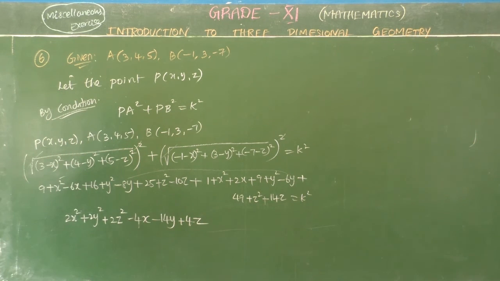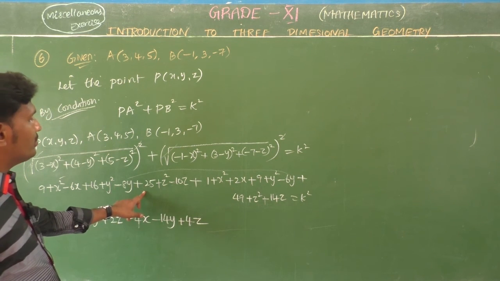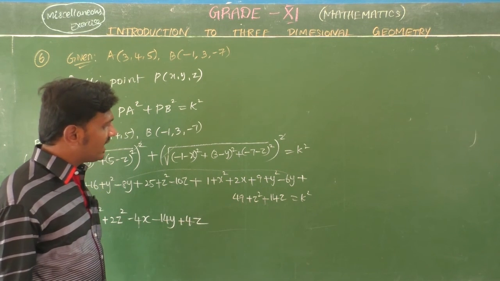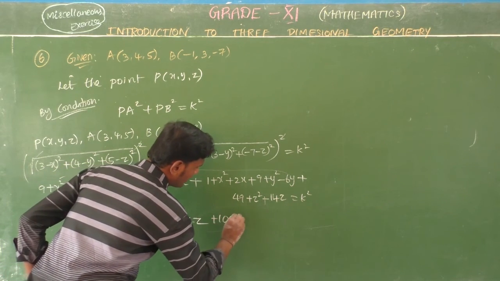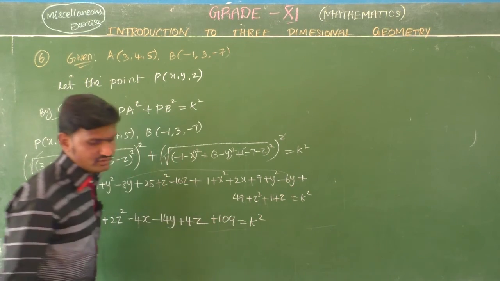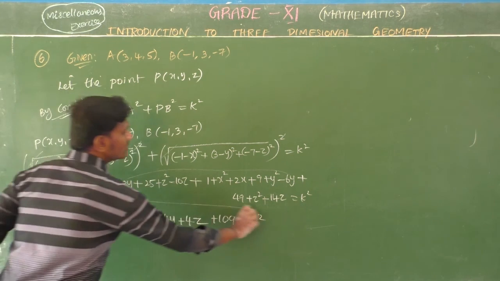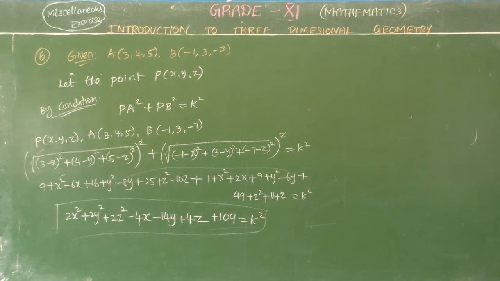Then the numbers are 9 plus 16 25, 25 plus 25 50, 50 plus 60, 109, is equal to K square. So that's all. This is your required equation of PA square plus PB square is equal to K square.